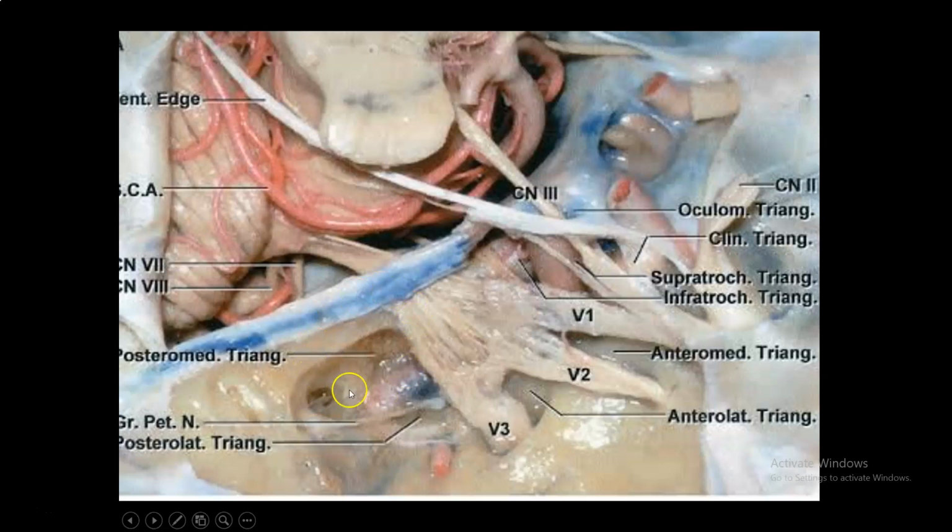When you remove the thin part of the petrous bone here, you enter the lateral pons. And lateral to it is Glasscock's triangle in the middle fossa. So we have four triangles and four triangles, eight triangles.